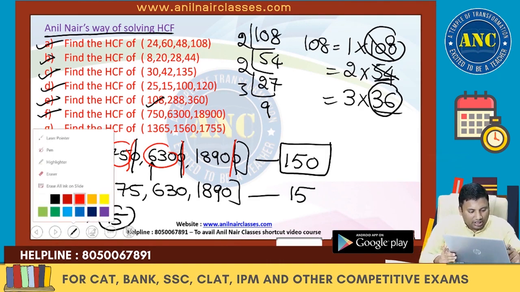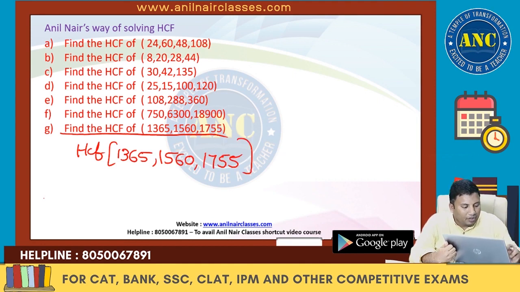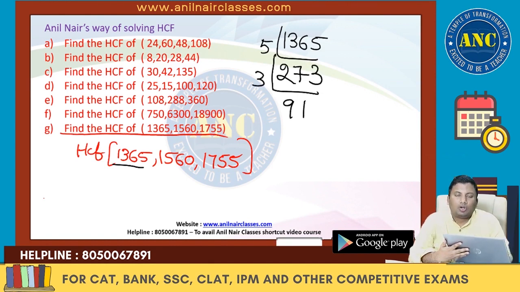Right? Option G. Find the HCF of 1365, 1560 and 1755. Take the smallest number, 1365. Factorize the number. 5 7s are 35. 3 91s are 273. 7 13s are 91.